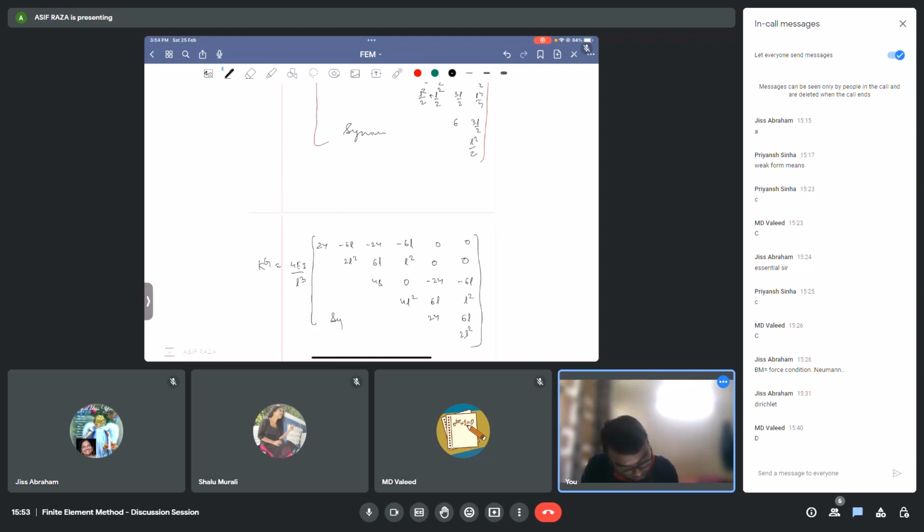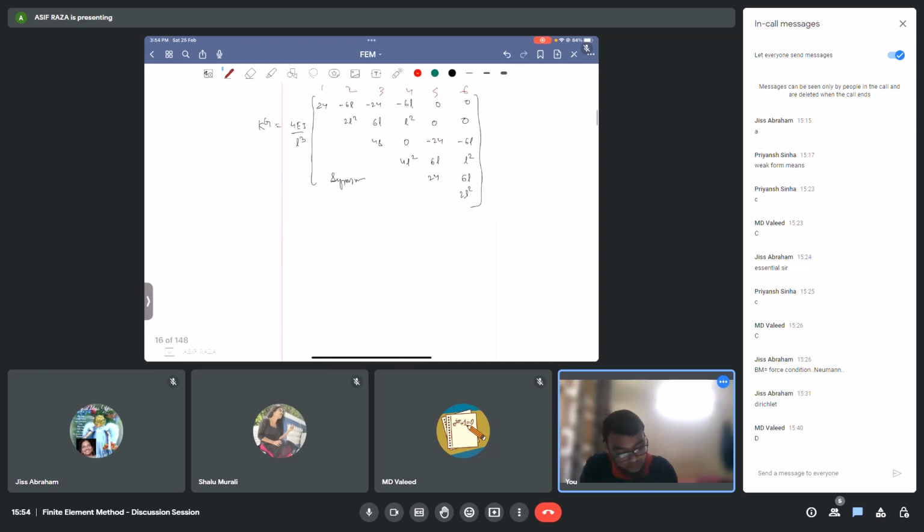Okay, pertaining to 1 2 3 4 5 6. So this is our global stiffness matrix.